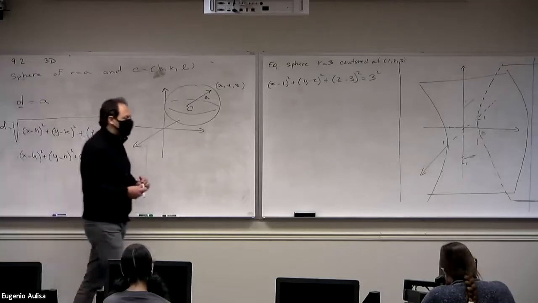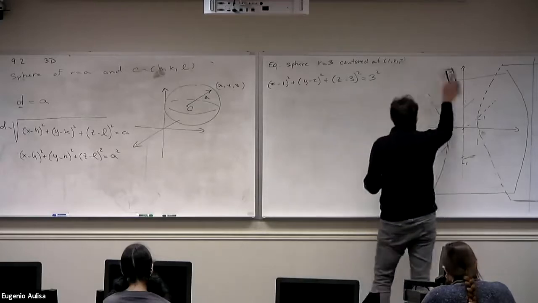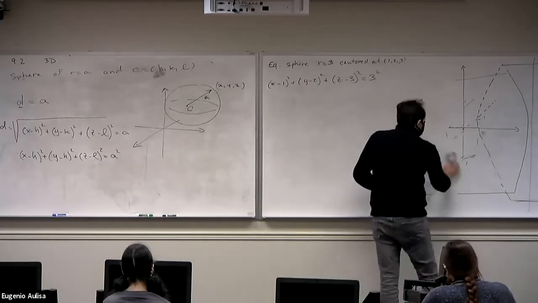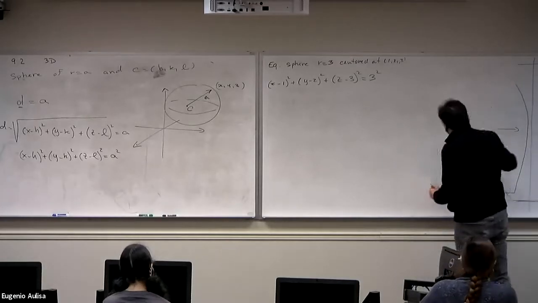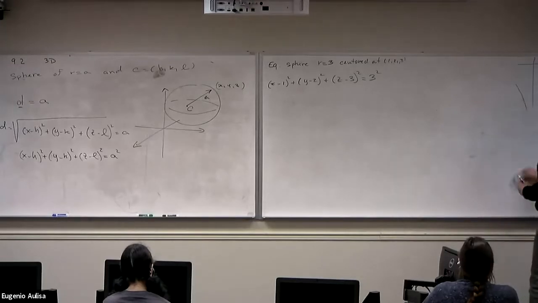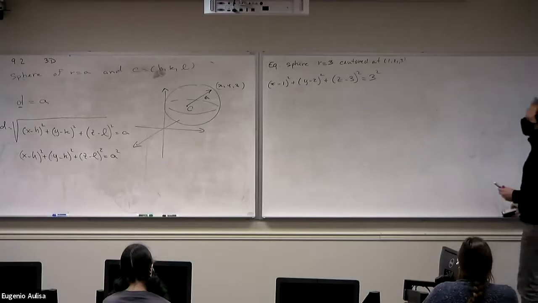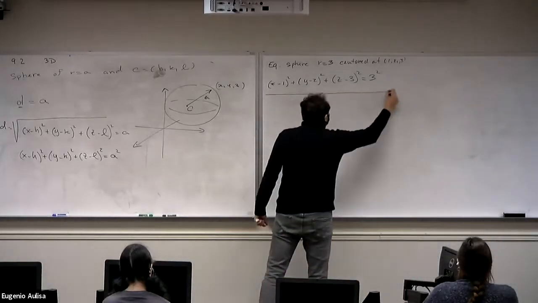More complicated. I give you a quadratic equation and ask you to complete the squares in order to get the center and the radius of the sphere represented by that quadratic equation.